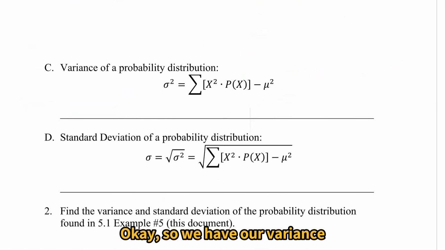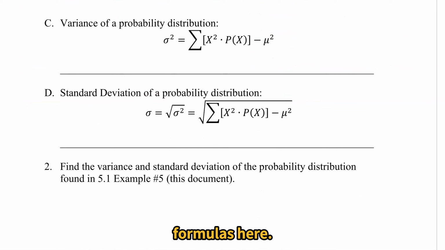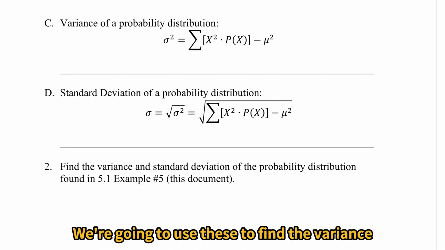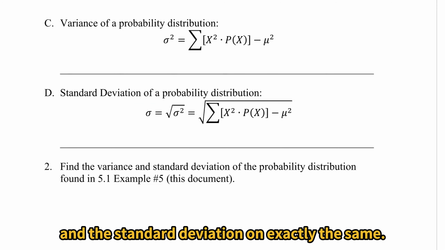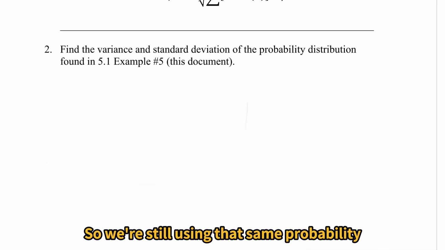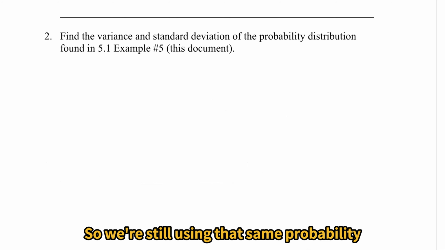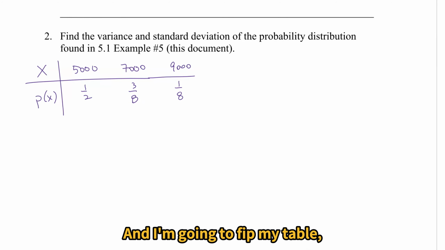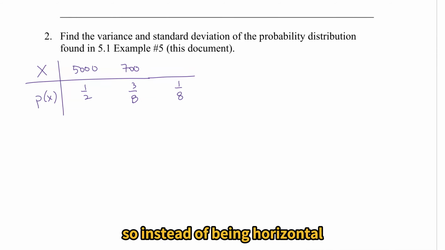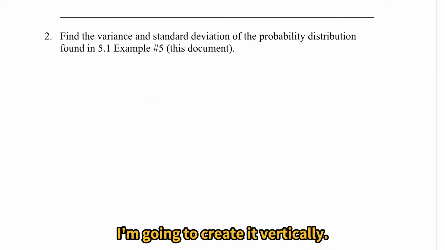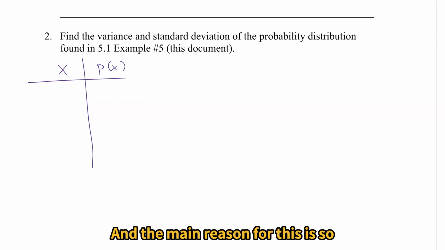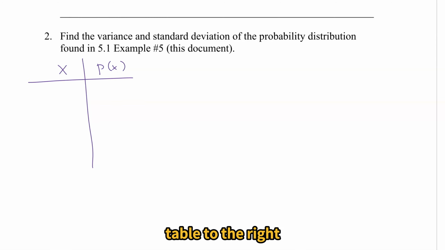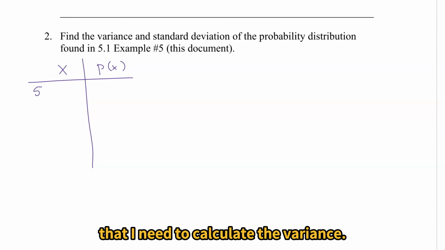Okay, so we have our variance and our standard deviation formulas here. We're going to use these to find the variance and the standard deviation on exactly the same probability distribution that we just did. So we're still using that same probability distribution that we had before with the investments. And I'm going to flip my table, so instead of being horizontal, I'm going to create it vertically. The main reason for this is so that I can make a bigger table to the right and get all of the pieces that I need to calculate the variance.